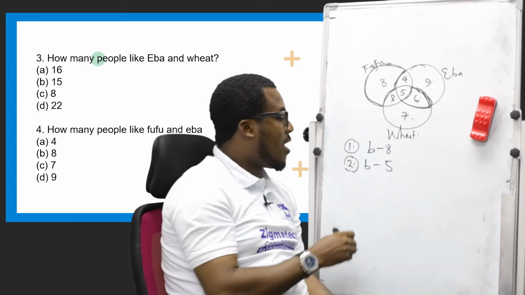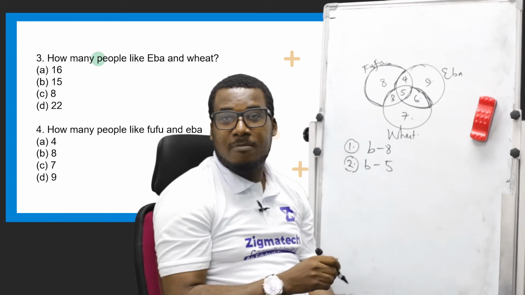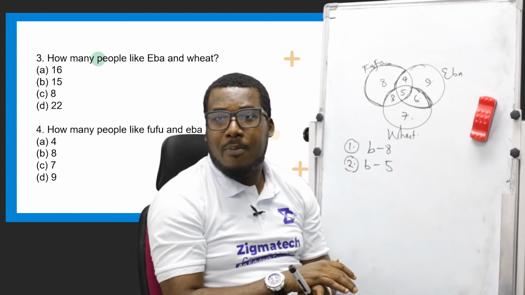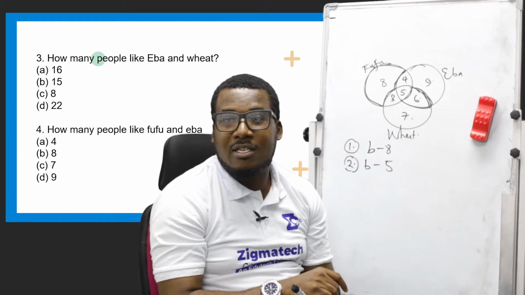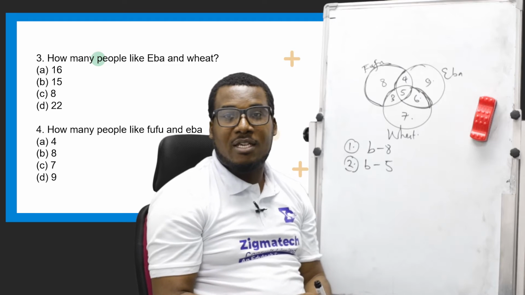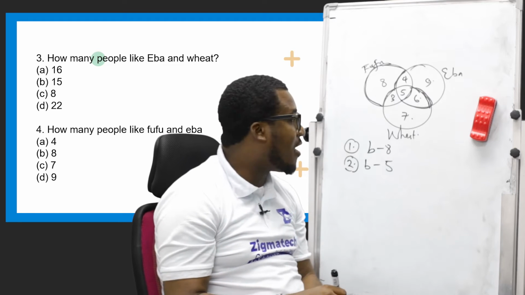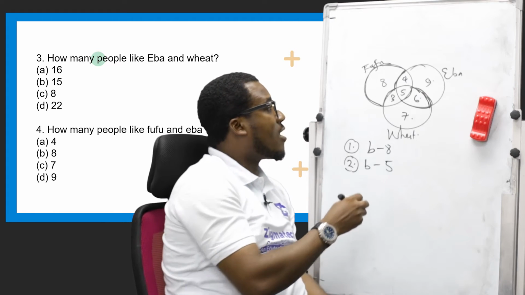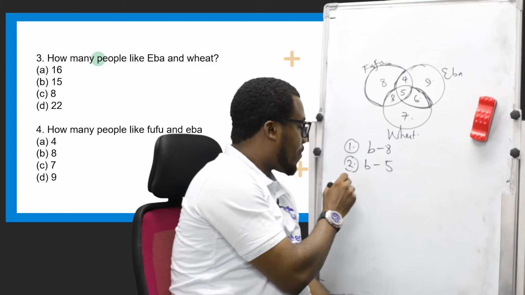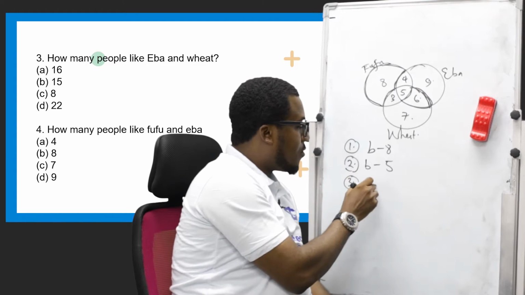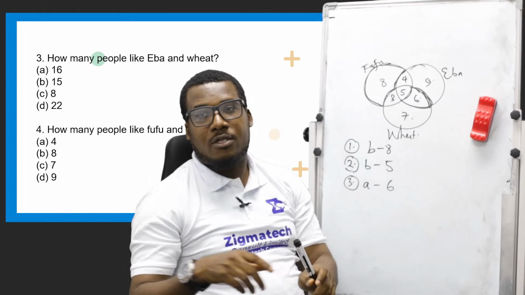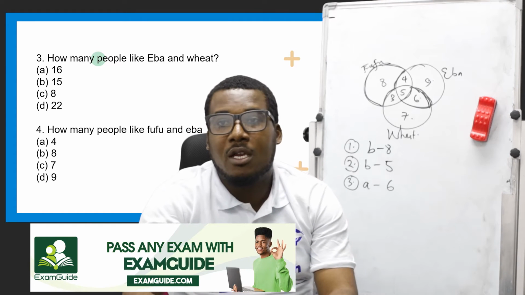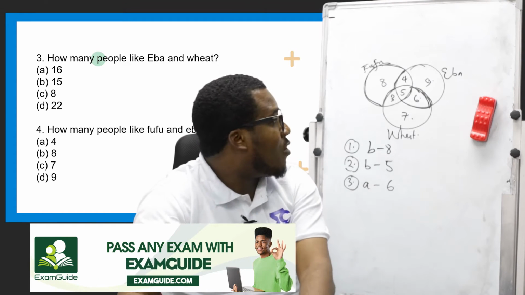The answer there is 6, which is A. Actually, the 16 there is a mistake. So the answer is A, which is 6. 6 persons like eba and wheat.